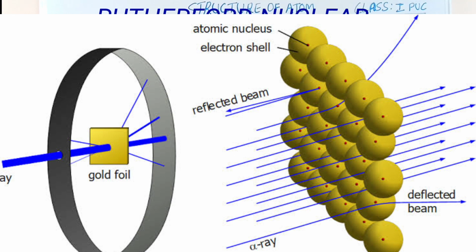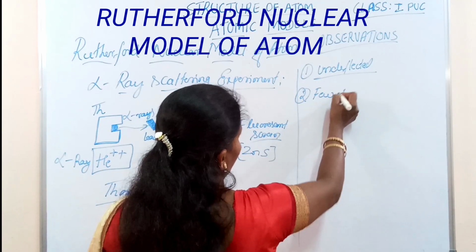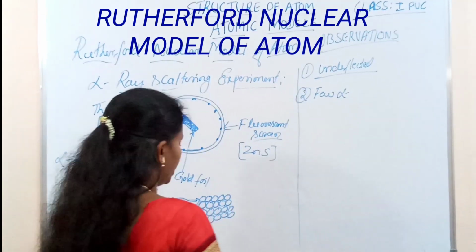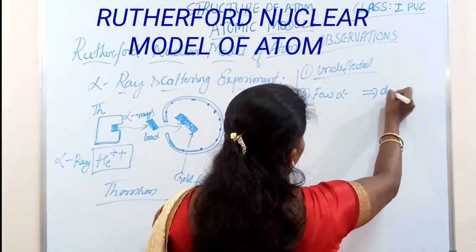Okay, most of the alpha particles pass through the gold foil without any deflection. Second, a few alpha particles are deflected with a small angle.